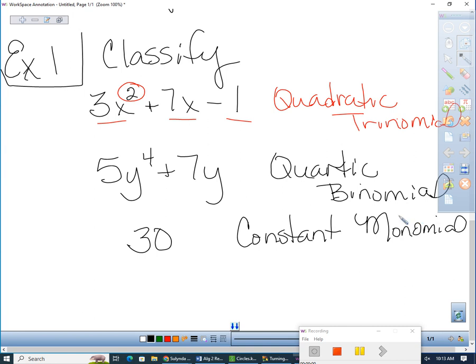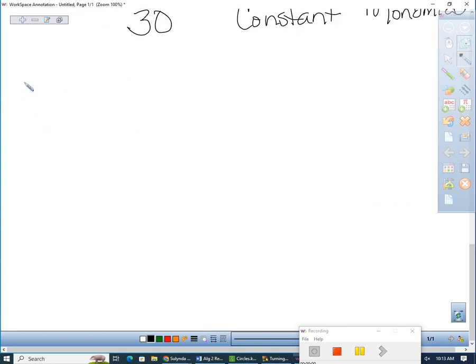All right. Now you'll notice every one of them I wrote up here were all in standard form, right? When I had more than one variable, they were in descending order. So here's example number 2. This is going to get us a little closer to what you have to do for your homework today. Example number 2. This will be from numbers 8 to 28.